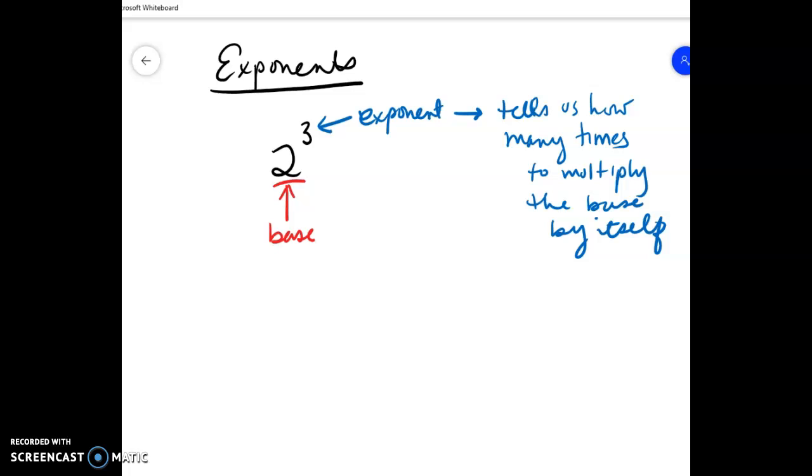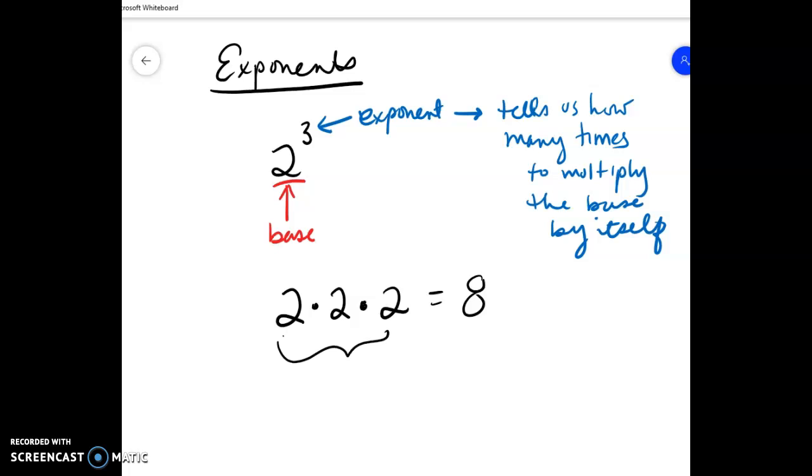So 2 to the third is the same as 2 times 2 times 2. So it's 2 times itself 3 times. That's what 2 to the third stands for. So 2 times 2 times 2, if I simplified that, it would give me 8.